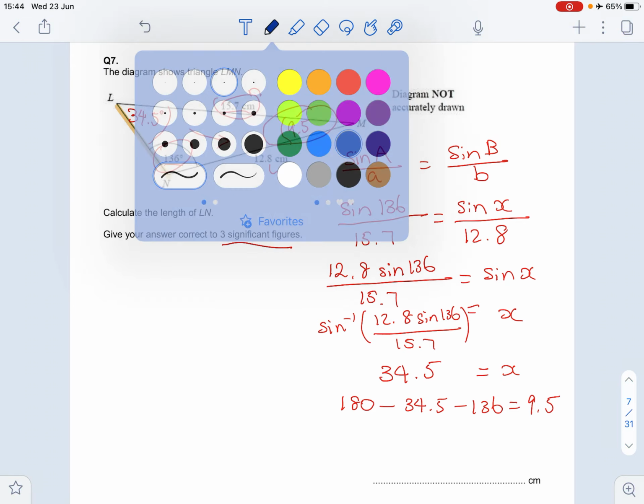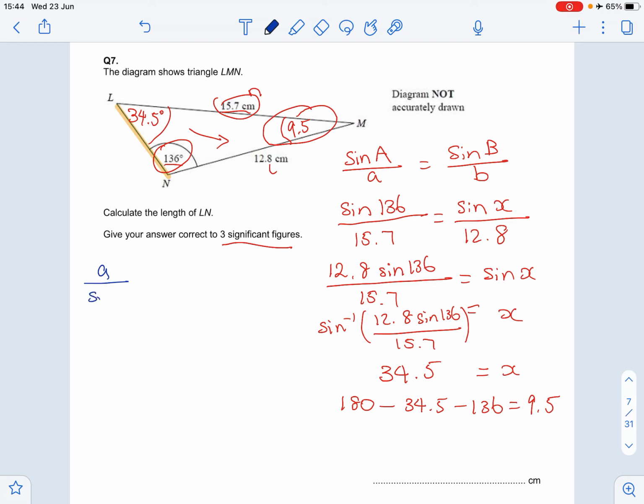Remember, using the sine rule to find a missing side is a over sine A equals b over sine B. So when you're finding a missing side, your side is on the top. I have a, which is 15.7, over sine 136, equals b, which is what I want to find, over sine 9.5.